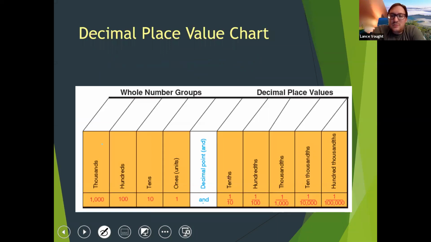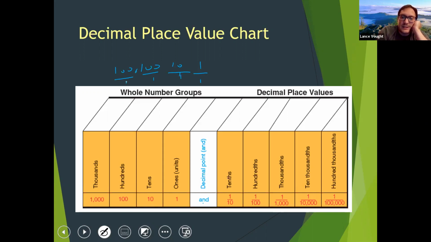Decimal places go in the same magnitude, but on the right-hand side they're the denominator of the fraction. On the left-hand side, they're the numerator of the fraction. So you can think about this as like 1 over 1, 10 over 1, 100 over 1, 1,000 over 1.